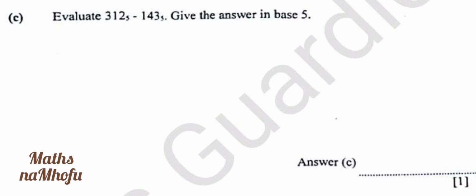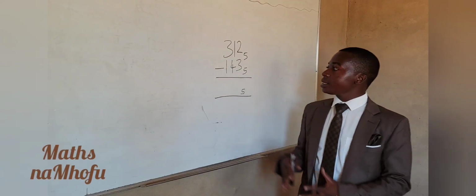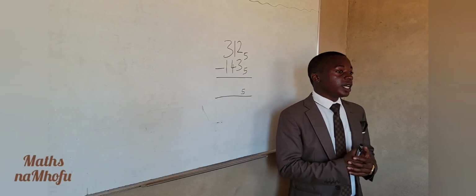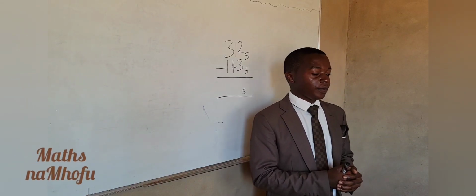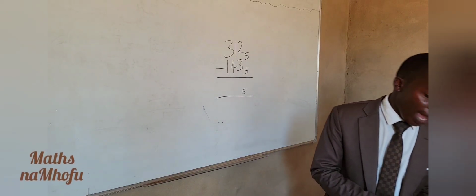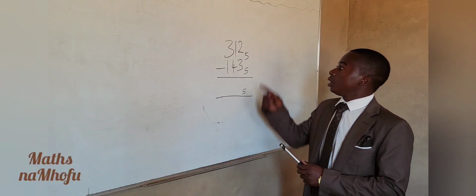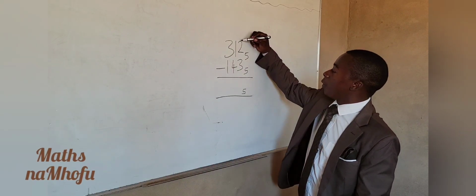Evaluate 312 in base 5 minus 143 base 5. We are going to subtract this, giving our answer in base 5. 2 minus 3 it can't, so we borrow one group of 5.